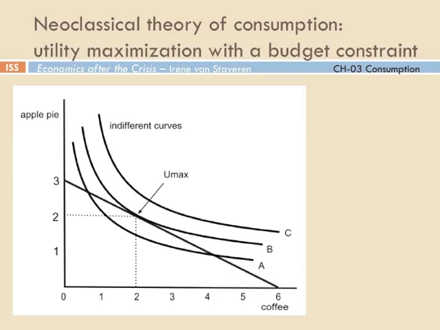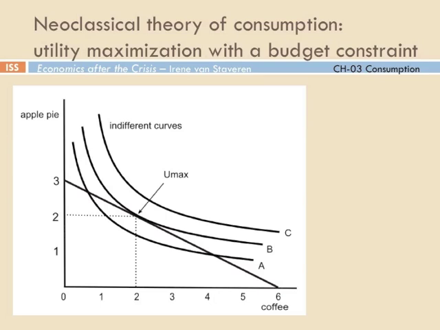The diagram shows utility functions or indifference curves, but it also shows a budget line because unfortunately your budget is limited. You can only buy a particular combination of coffee and apple pie, but you can't go beyond your budget.